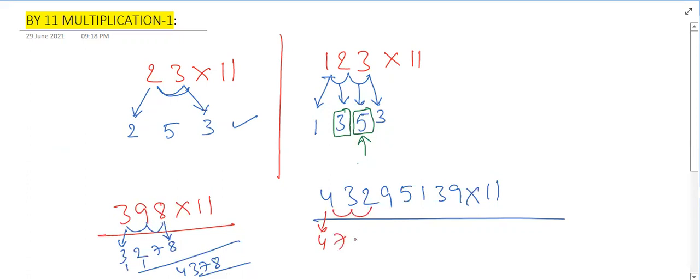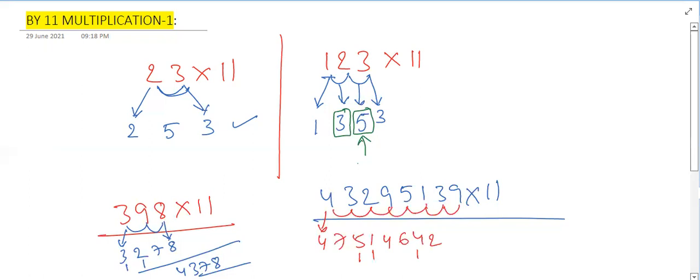Next 5. Next 11, 1 will be carried. Next is 14, 1 and 4. Next 6. If it is a single digit, write it as it is. Next 4. And next 12. So shall we stop here?